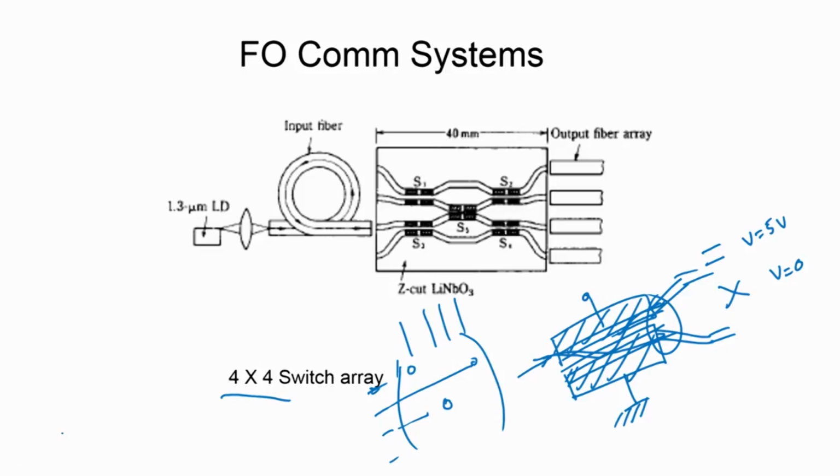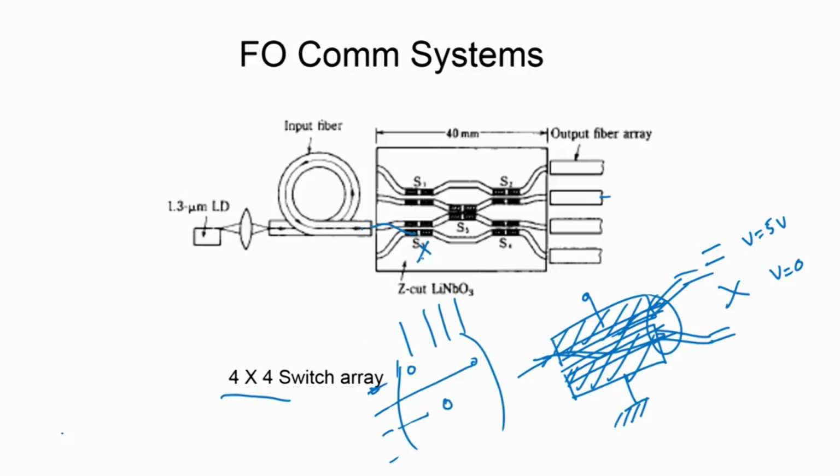We would like to send the power from the third port to some port, let us see. For example, I would like to send a signal from the third port to the second port. So, what I do is switch this into the crossover state, so that light coming at this will go into this port.